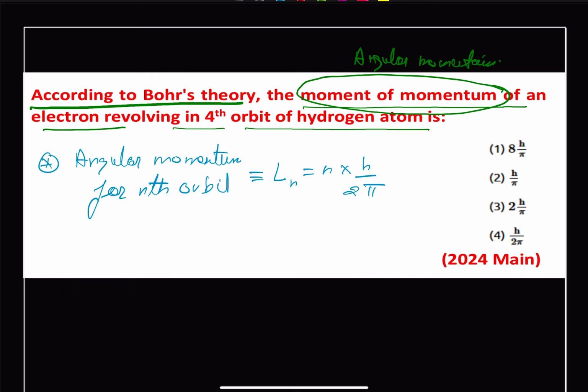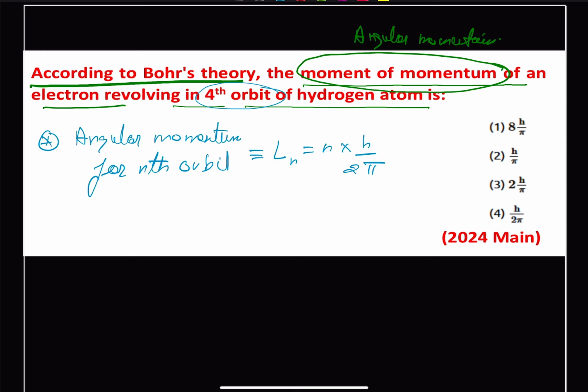Here h is our Planck's constant, n is our principal quantum number, and we are given that it is in the fourth orbit. Therefore, we can write that for the fourth orbit, the value of n is equal to 4.